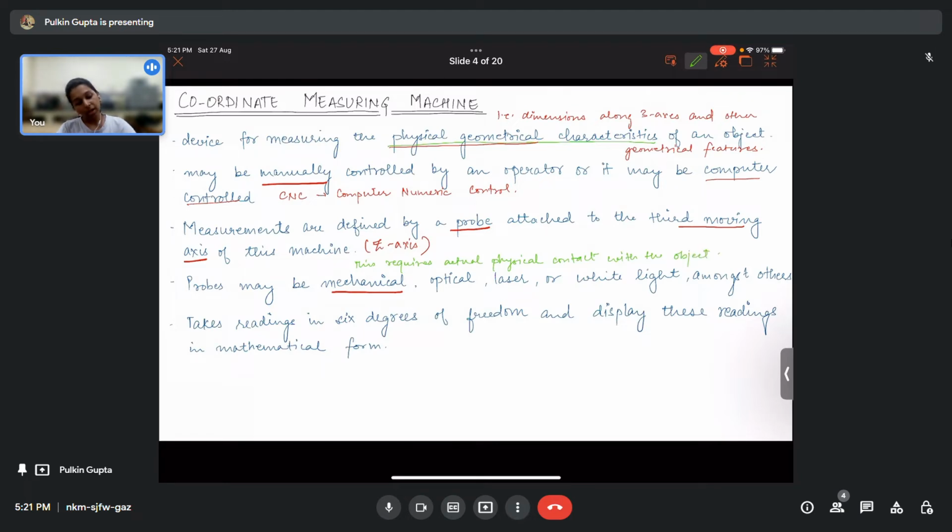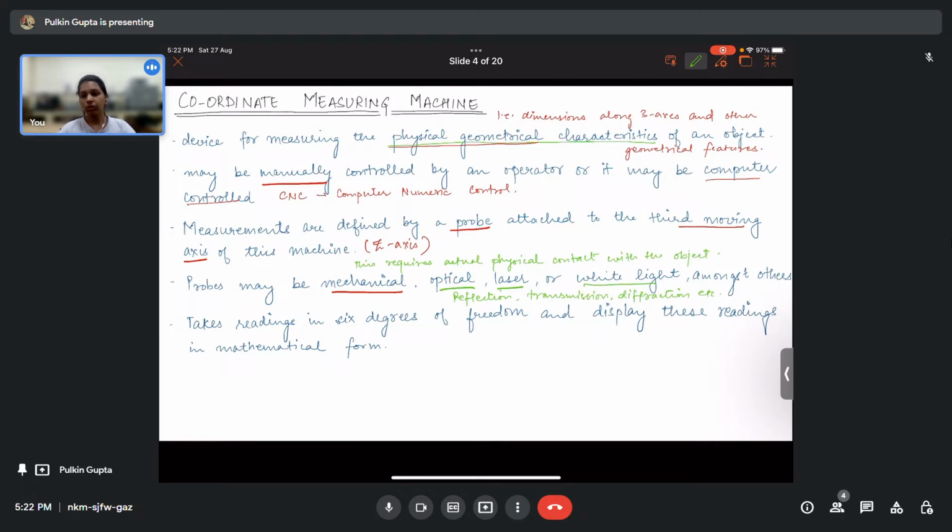And these optical and laser based probes are based on the received reflections, transmissions, and diffractions of the incident signals. They depend on reflection, transmission, diffraction, etc. of the incident signals.